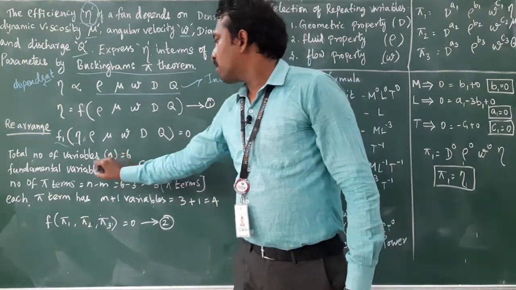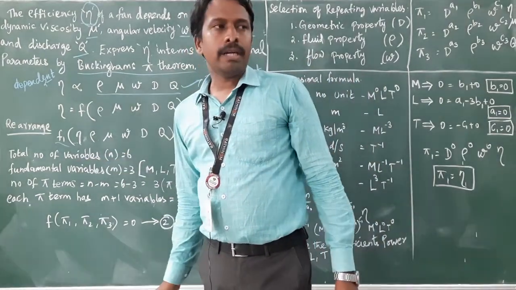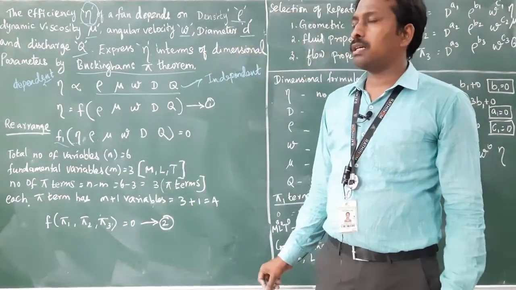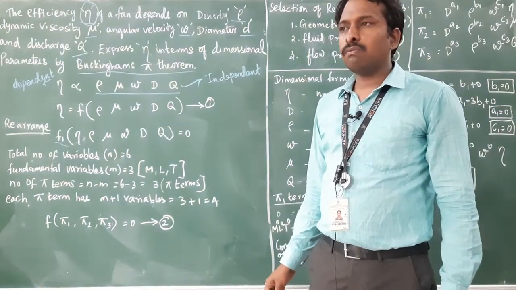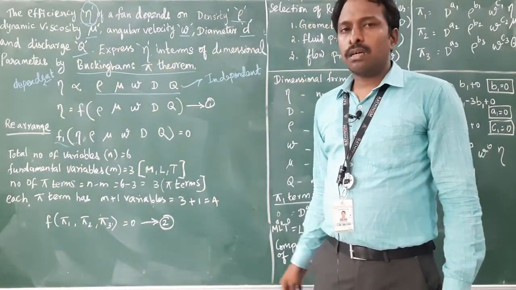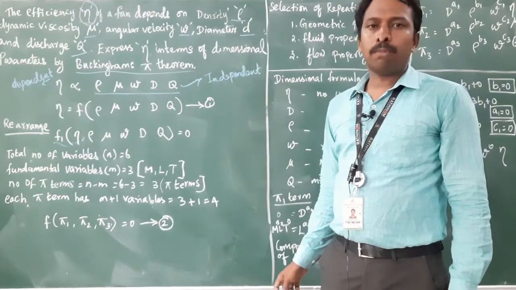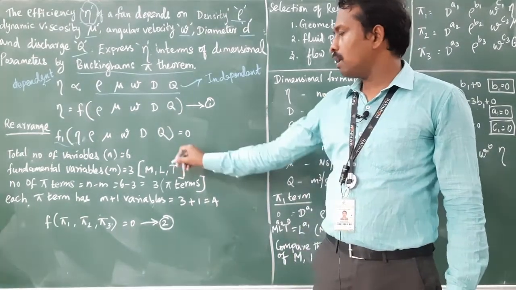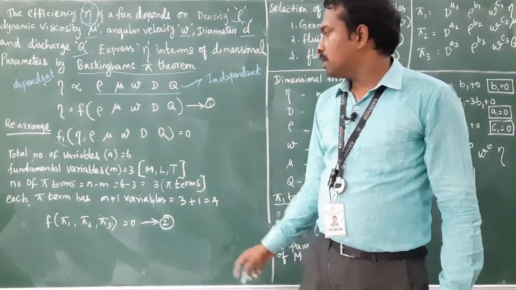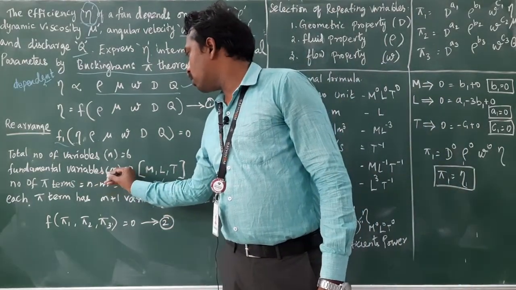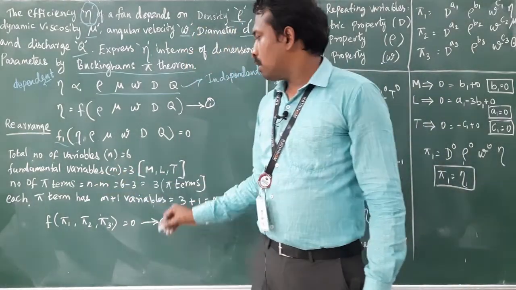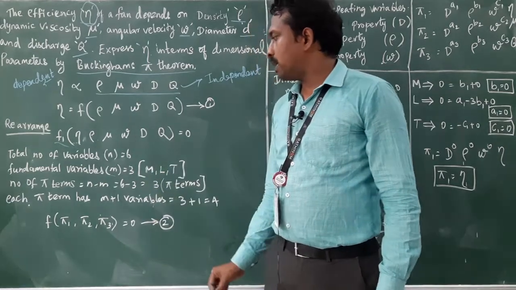And fundamental variables means the fundamental units, which are mass, length and time. Mass is M, length is L and time is T. So the fundamental variables, denoted by m, is equal to 3.